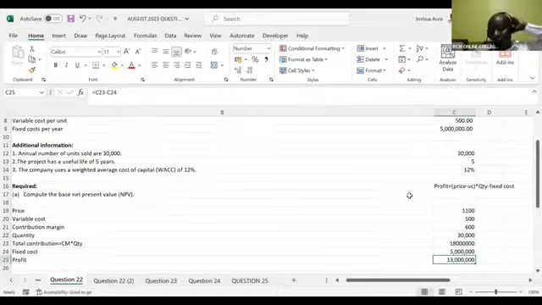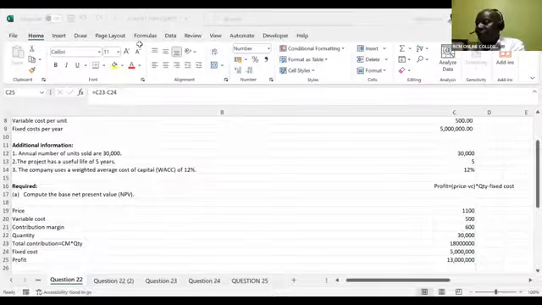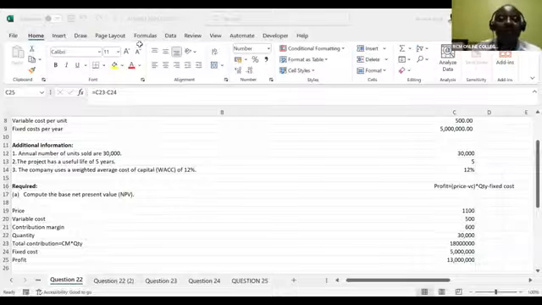You can even screenshot the question before I pull it down. So they have been able, ladies and gentlemen, in this case here to take a screenshot.